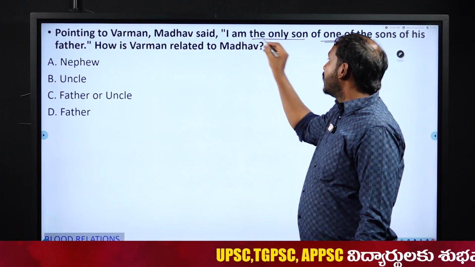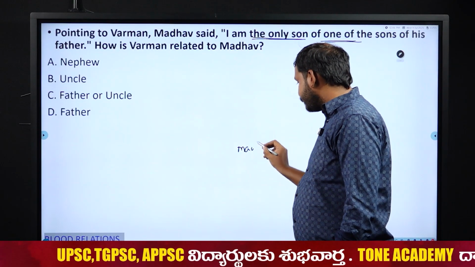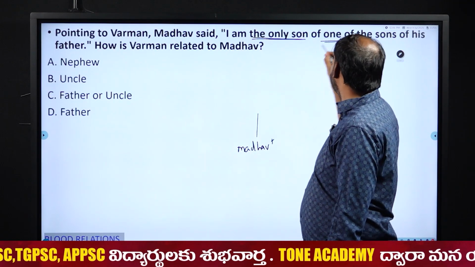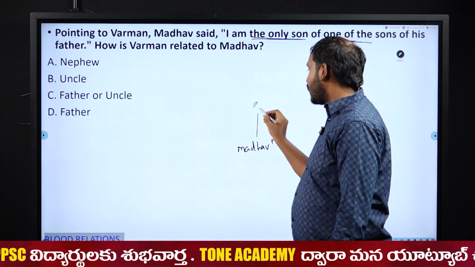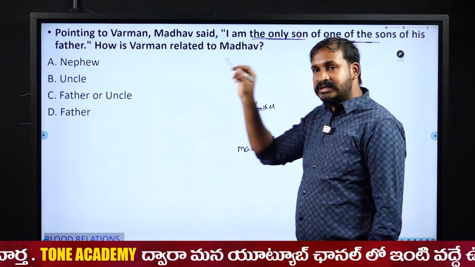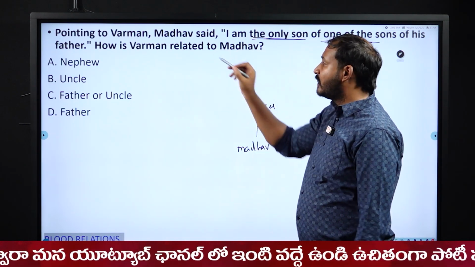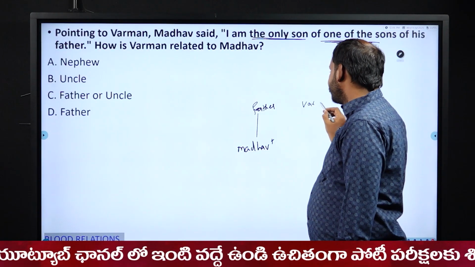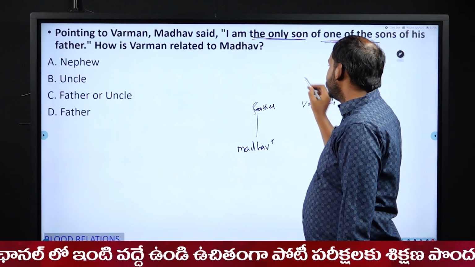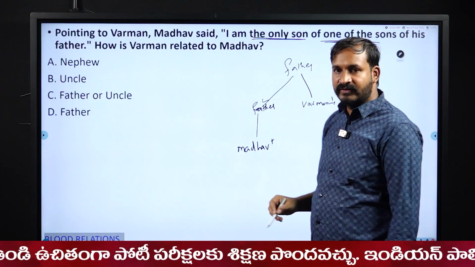I am the only son of, that means Madhav is the only son of one of the sons of his father, that is Varman's father. One of the sons of Varman's father is my father.